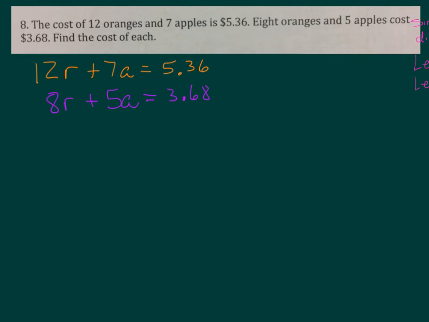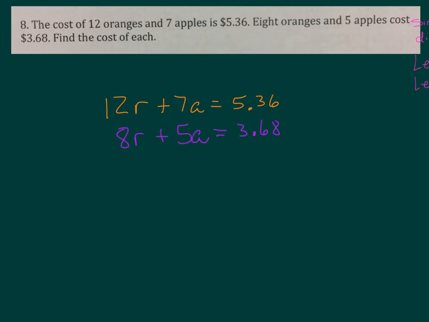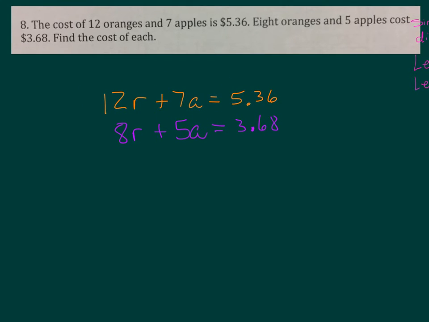So what I'm going to do is figure out some number that I want to eliminate. Well, I want to eliminate the A's, the apples. So I'm going to multiply the top one by, let's see, we can either multiply by 5 or 7, and in this case, I want to multiply by negative 5. That means this other one, I want to multiply by 7. The reason being, I want to make this a negative apple, and then the bottom one a positive apple.